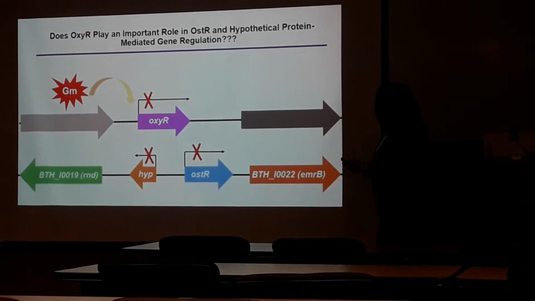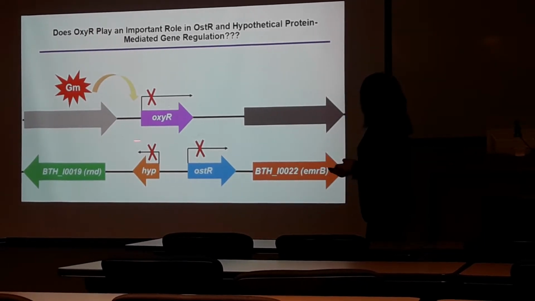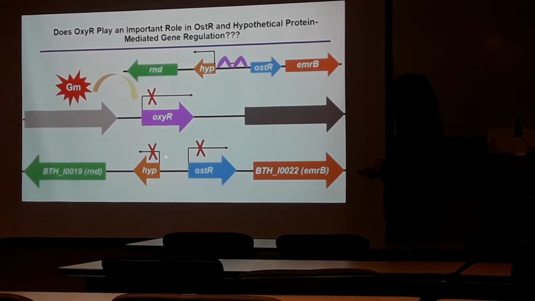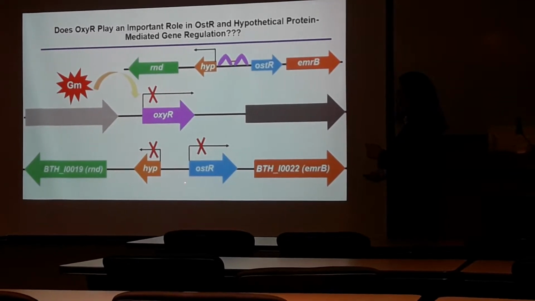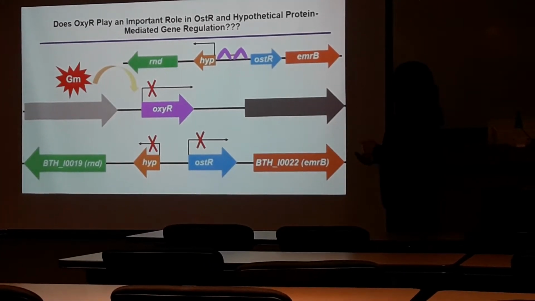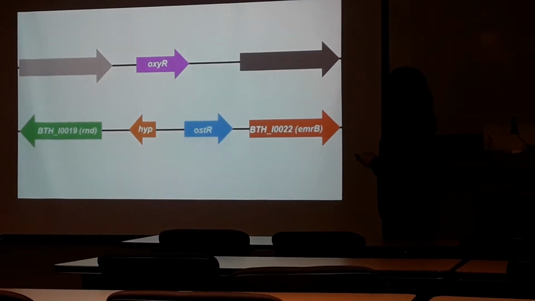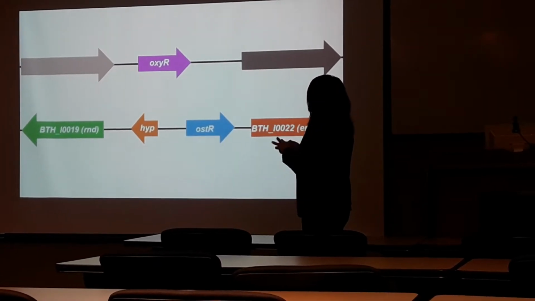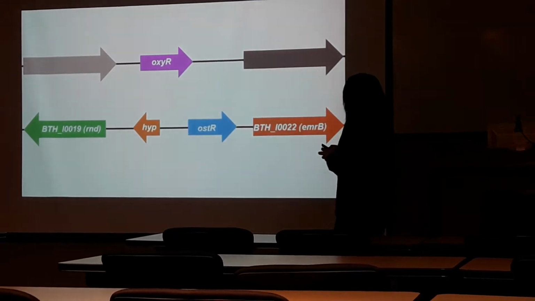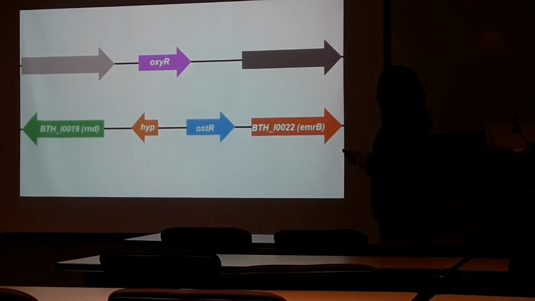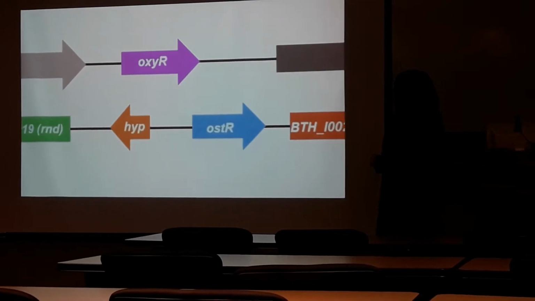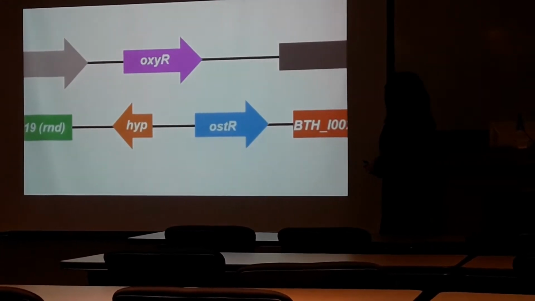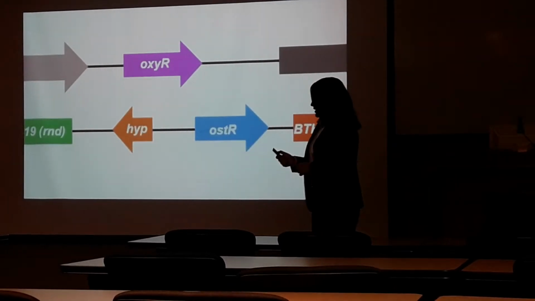So the scenario is something like this: gentamicin represses OXYR expression, and OXYR is the activator of HIP, so HIP is expressed too, and so is OSTR. So we are interested to see whether there is any tight joint coordination going on between these three transcription factors to regulate RND and EMRB. Okay, and that would be all.